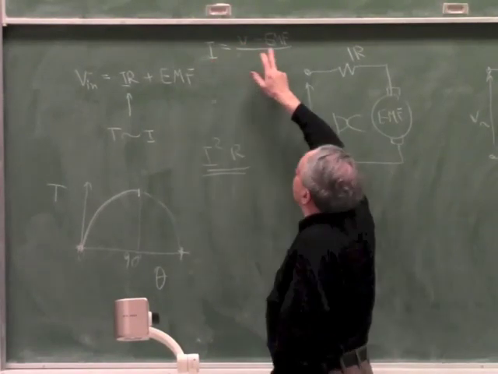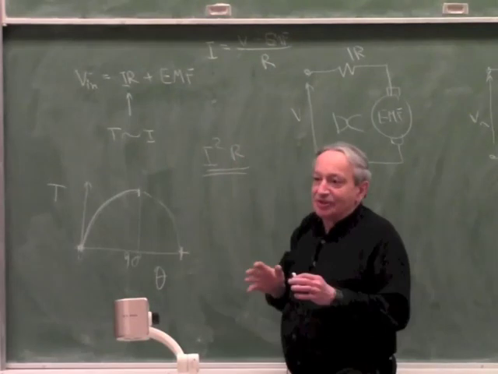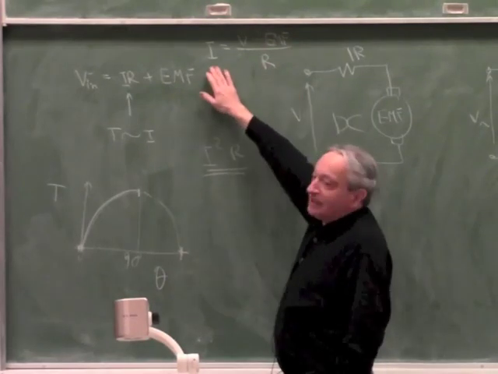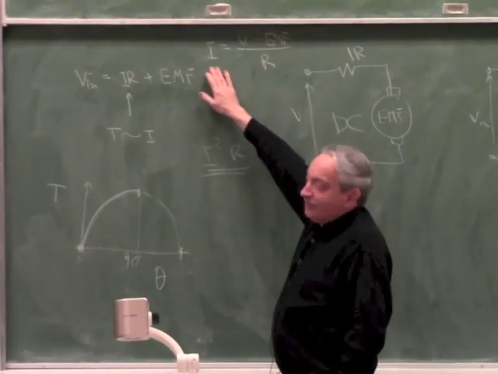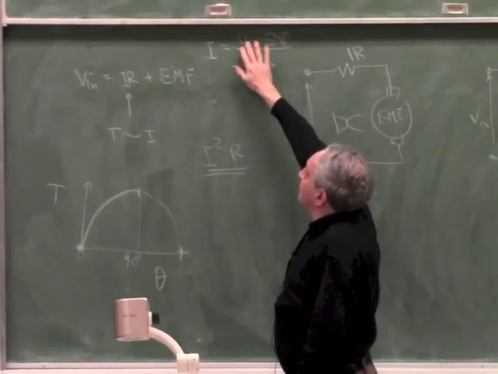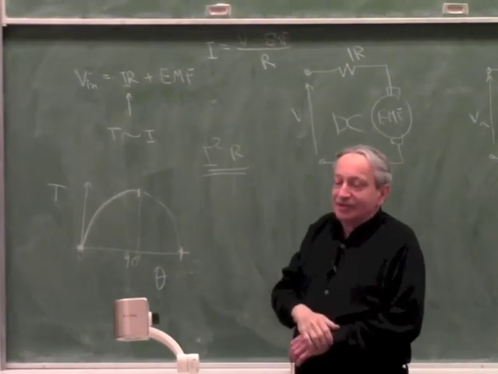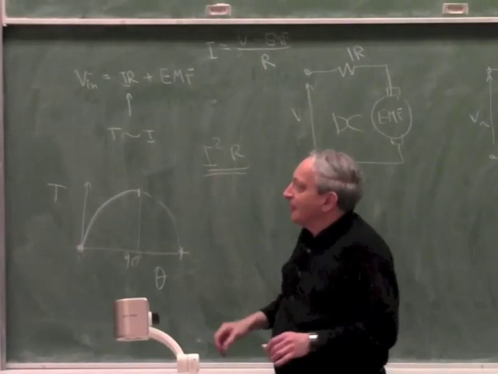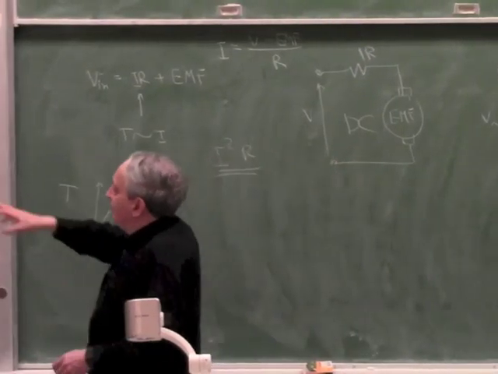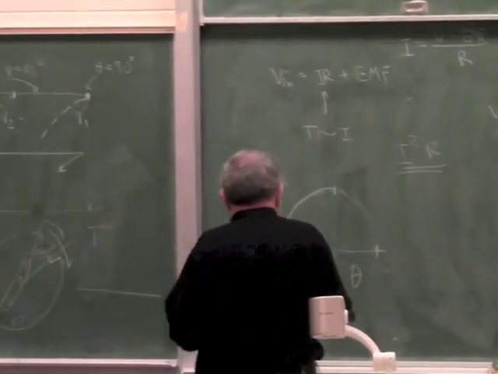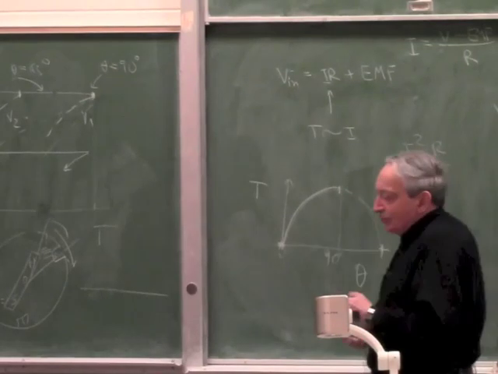Basically what I want is V minus EMF to be constant, because this divided by R is the current. So if I lower the speed, this goes down, and I have to make this go down to keep I constant. Is that clear to everybody? Good. Okay, so this is a family of curves of a synchronous motor.